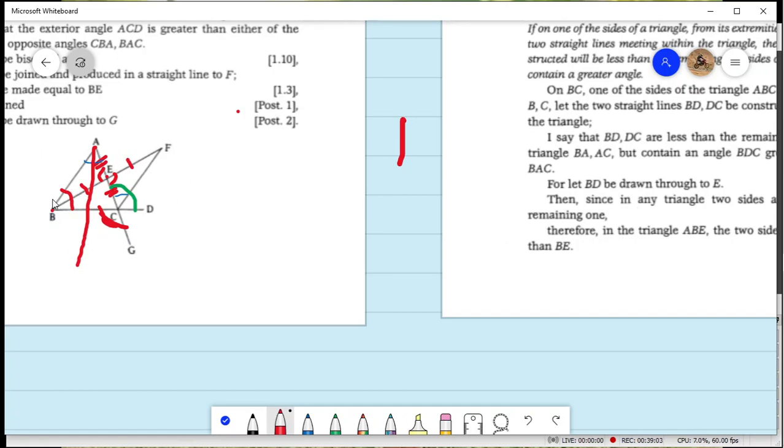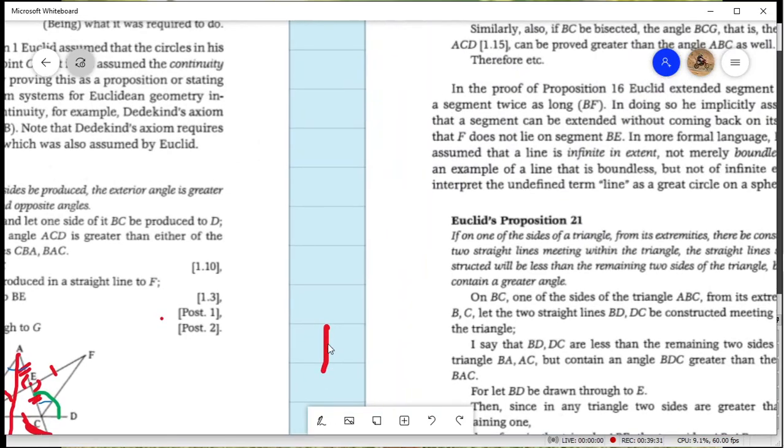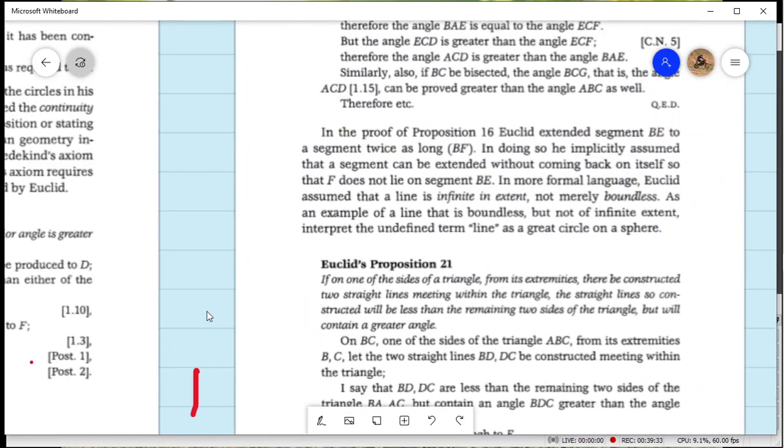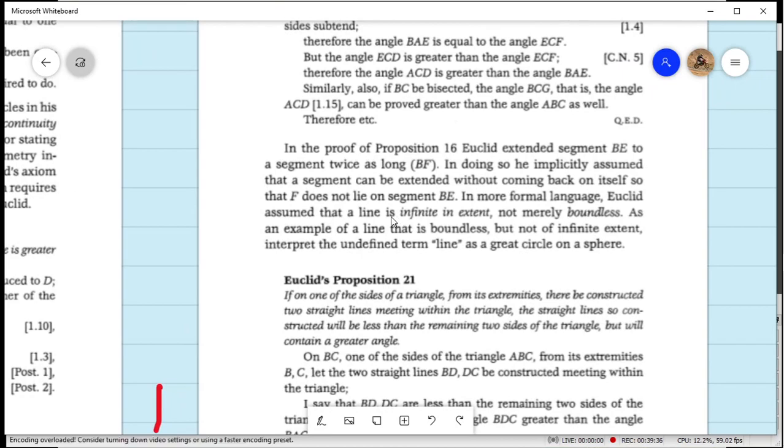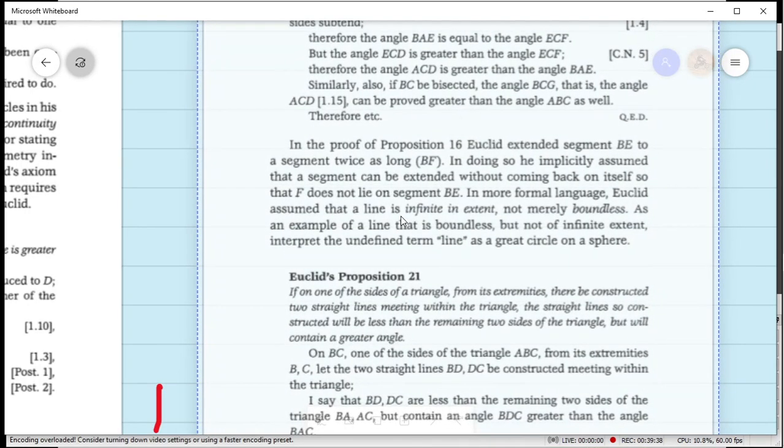Okay? In some geometries that we will discuss later. So it was just assumed here that if you extend BE on the side of E, or on this side of the plane, there is no way that a point would be the same as B, or it would go back to B. Although, again, by postulate 2, it was stated that it can be extended, meaning it is infinite in extent.